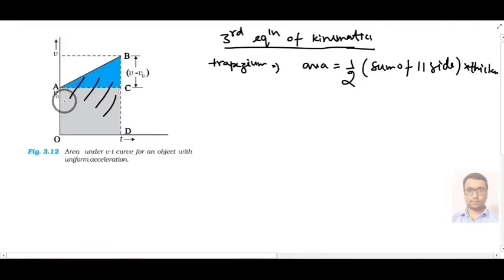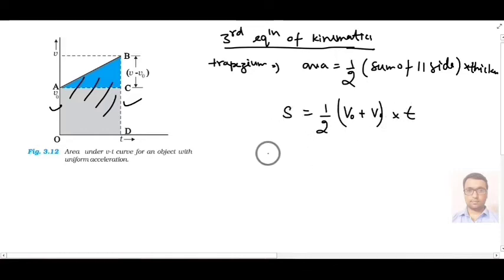So here the first side is this one and the second side is this one. So we will write half of v naught plus v into thickness, which is t. This is our displacement, and say this is equation number 1 right now.